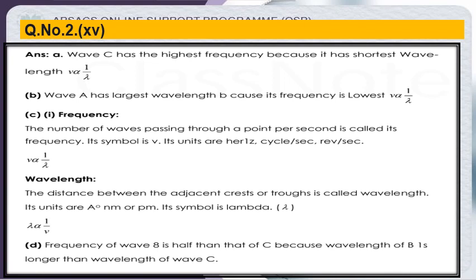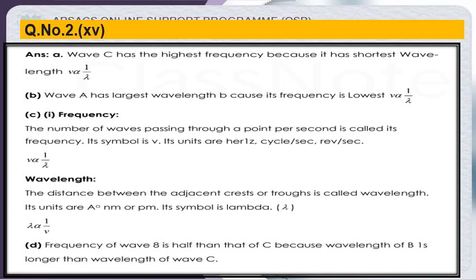You should know the relationship between frequency and lambda. Here the lambda is mentioned, that is, the longer wave or the shorter wave. So which has the highest frequency? Wavelength and frequency are inverse to each other.